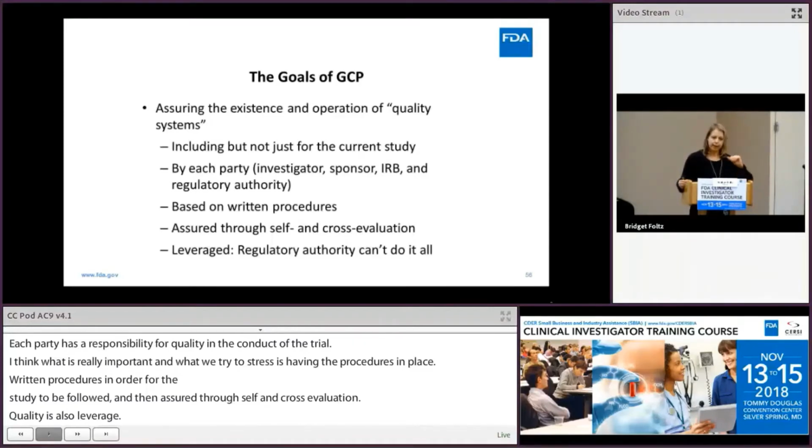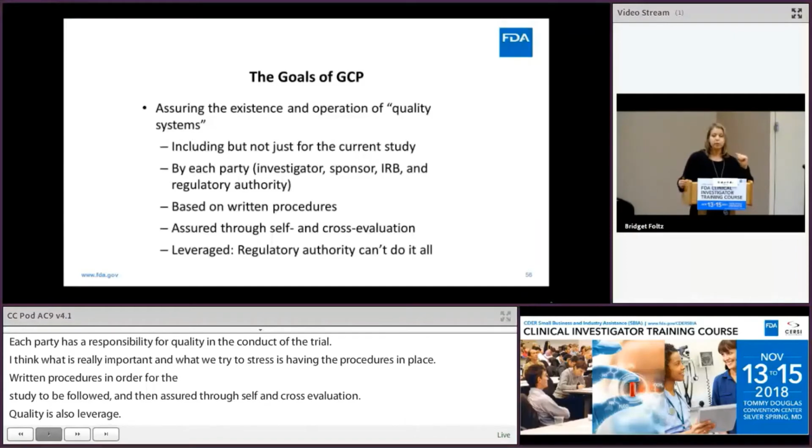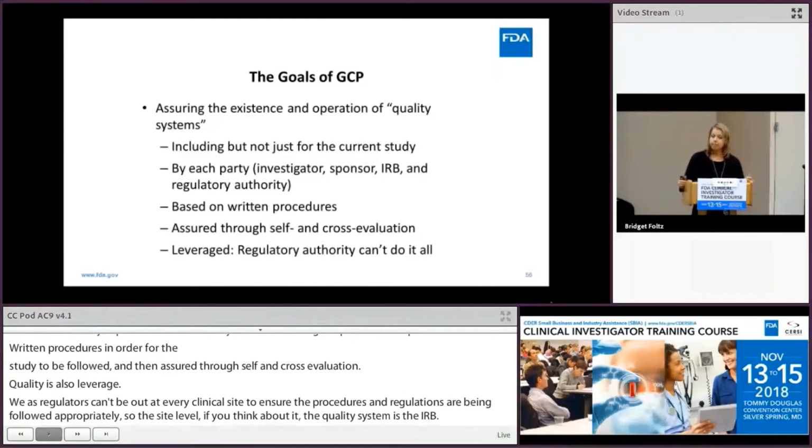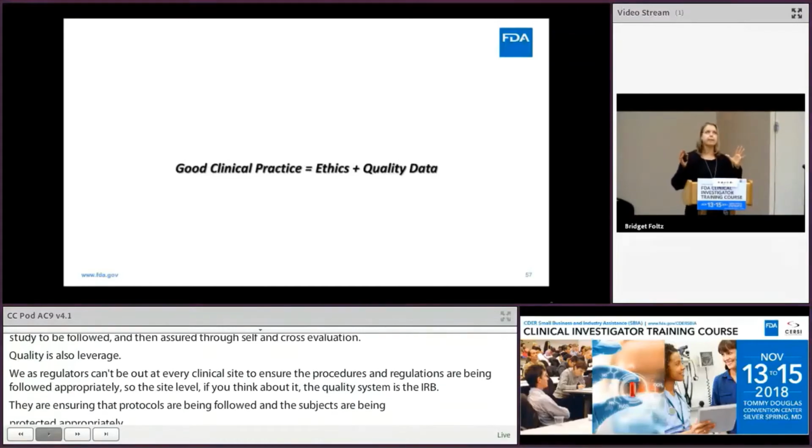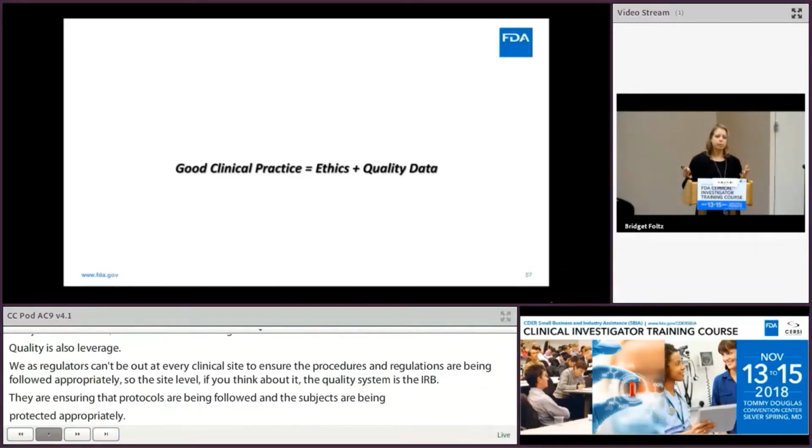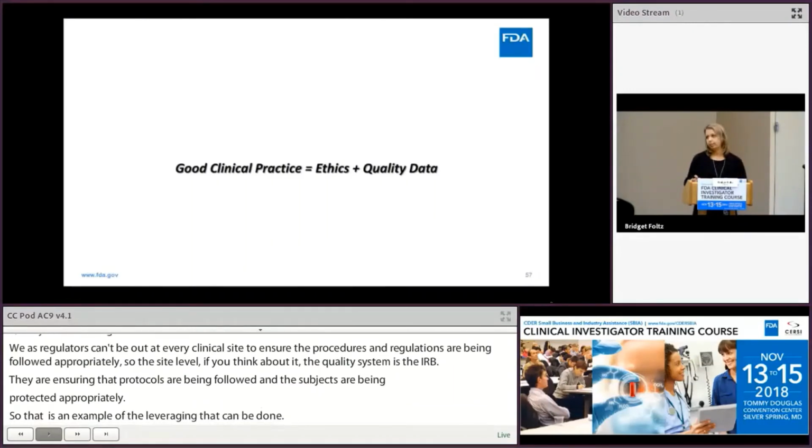They're ensuring that the subjects are being protected appropriately. So that is actually an example of the leveraging that can be done. So we think of, in summary, of good clinical practice. It's kind of this combination of ethics and data quality.